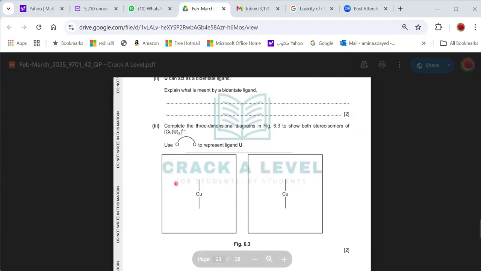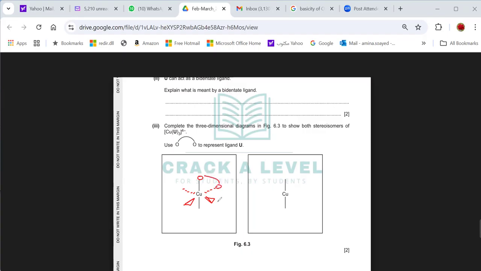Now, complete the 3-dimensional diagram in figure 6.3 to show both stereoisomers of copper U3 minus 4. Of course, we have to draw it in the 3-dimensional structure. So we draw wedges and dotted lines. And here we put O to represent this ligand.